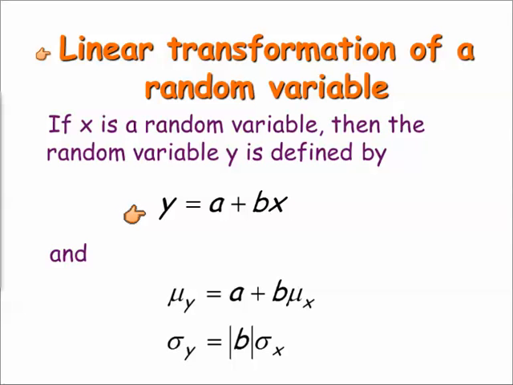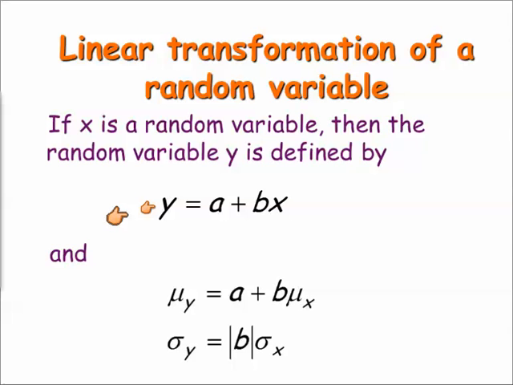Okay? Then what they're saying is if x is a random variable, then the random variable y can be defined this way. It's just a linear transformation. I'm going to take the x value times some b and add a to it. So I've got a linear relationship between the two variables, x and y.